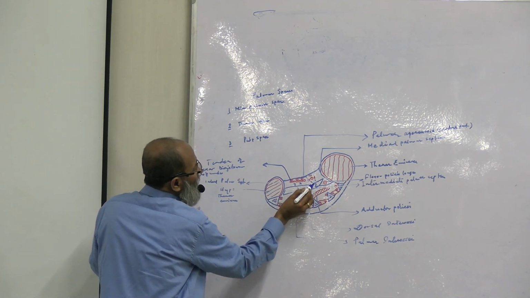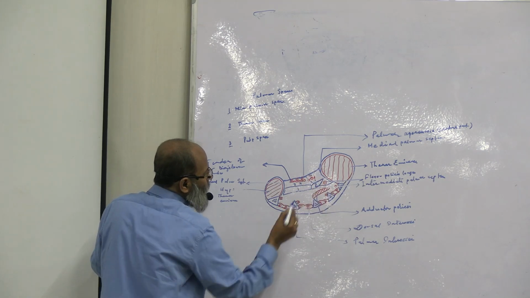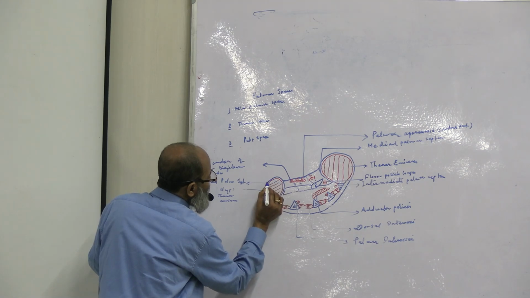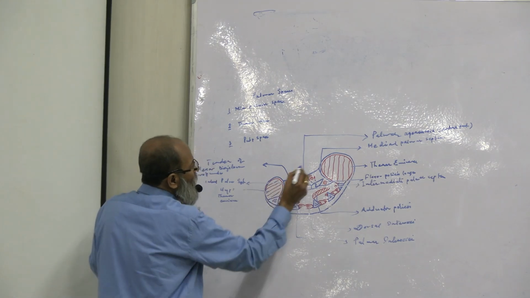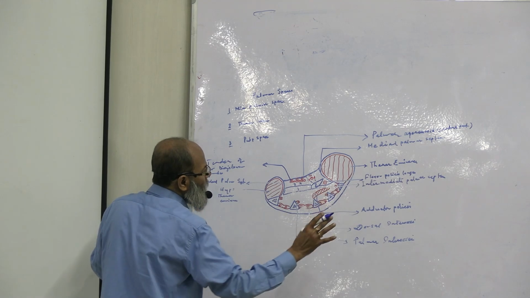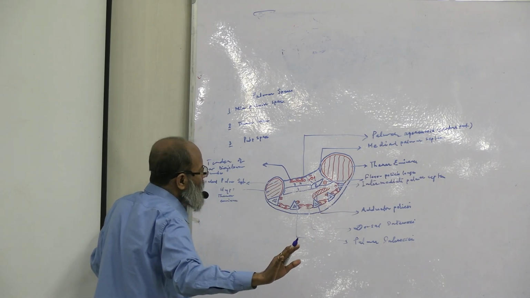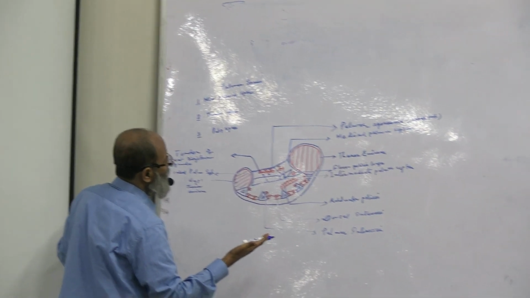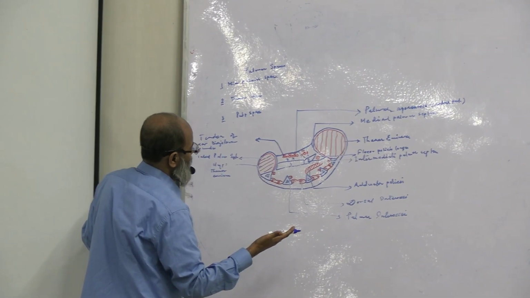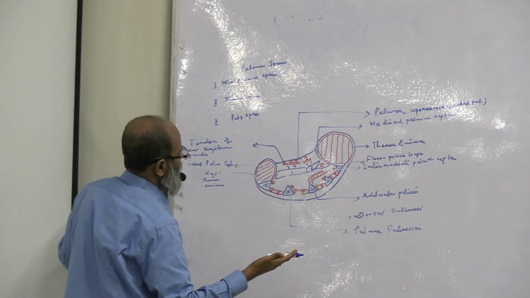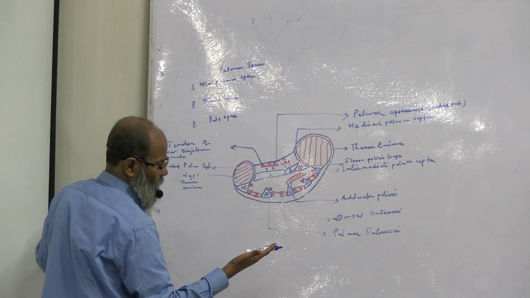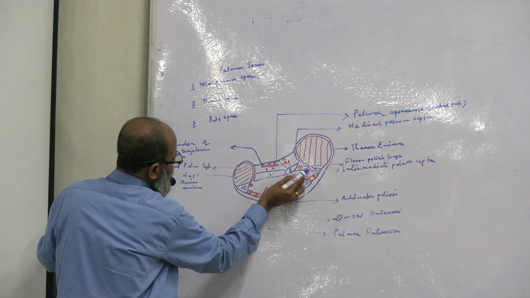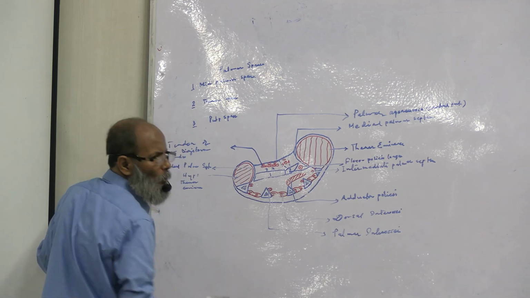And this septum is the lateral palmar septum. This septum is the medial palmar septum, right? Now these go up to the fifth metacarpal. This one is going up to the fifth metacarpal bone, and this one is going up to the first metacarpal bone.